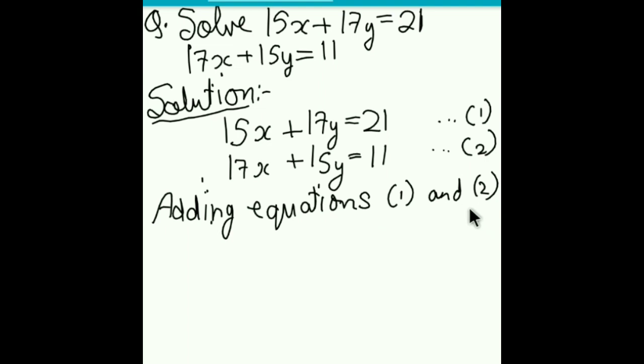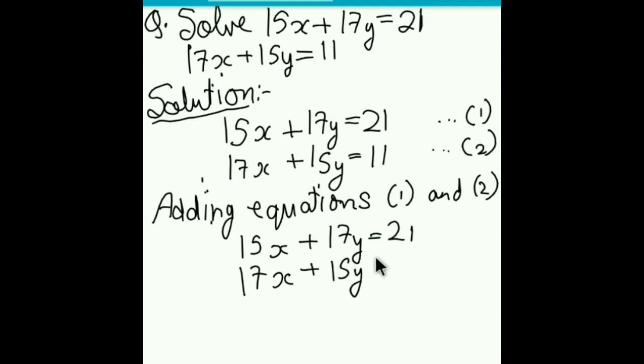Okay, so 1 and 2 if we add, what we will get, we will see. 15x plus 17y equal to 21, 17x plus 15y equal to 11. See, first here what we have to do, we have to add both the equations. Plus sign will be there, so the sign of the second equation will not change, because we have to just add it.